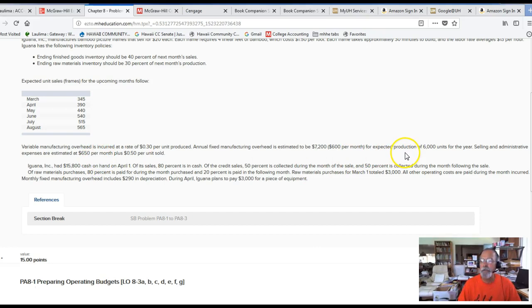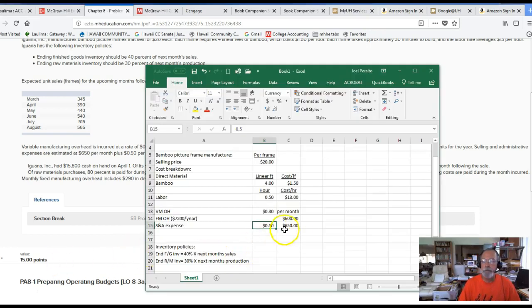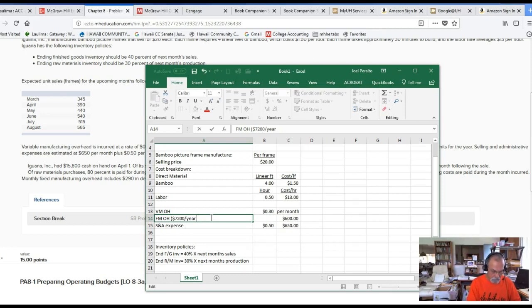And the fixed overhead is for expected annual production of 6,000 units. Okay, so this is at 6,000 units produced.